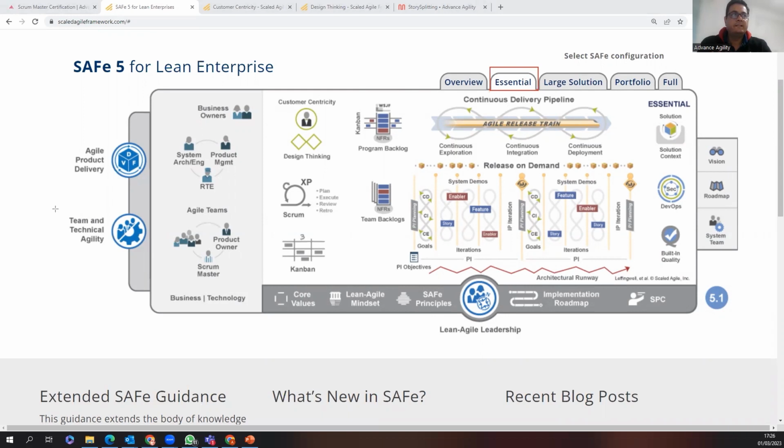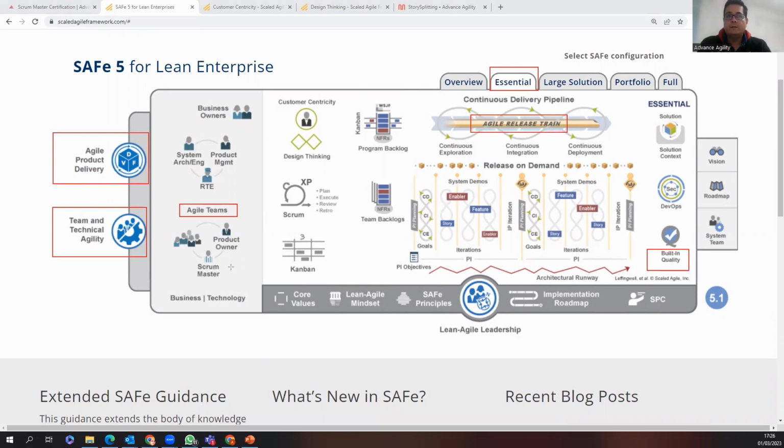The first competency is team and technical agility, and the other is agile product delivery. The team and technical agility focuses on how to deliver the solution. And the three key skills in team and technical agility are agile teams, built-in quality, and team of agile teams. So that's where the focus is.